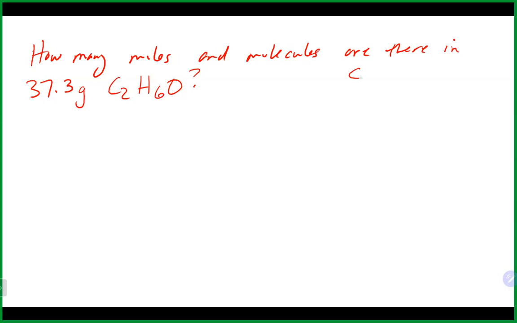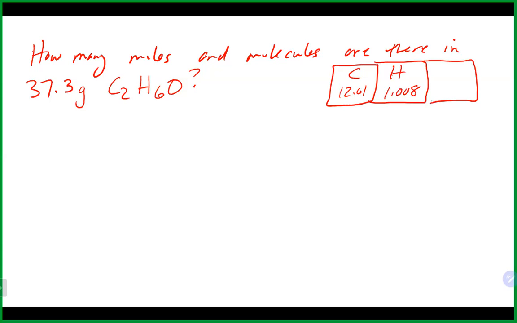So from the periodic table, some of the numbers: 12.01 for carbon, hydrogen 1.008, and oxygen being 16. All right, give that a go to wrap it up.